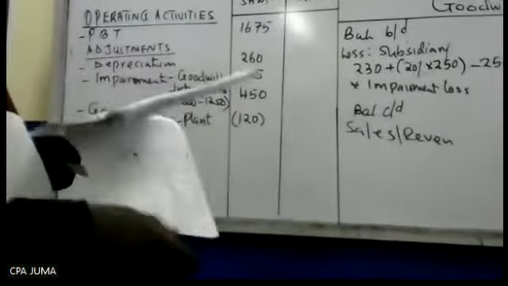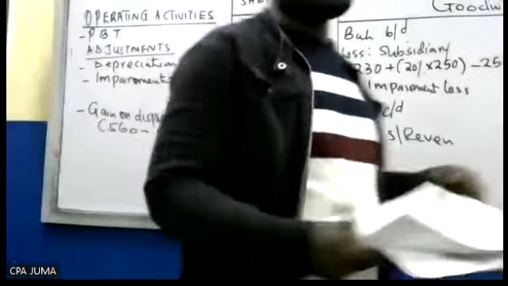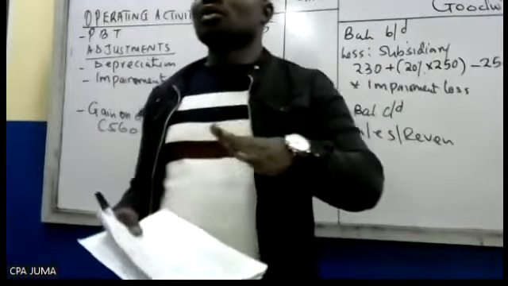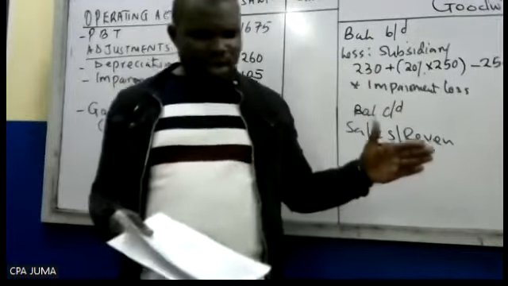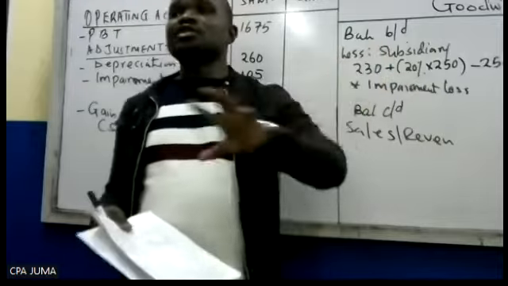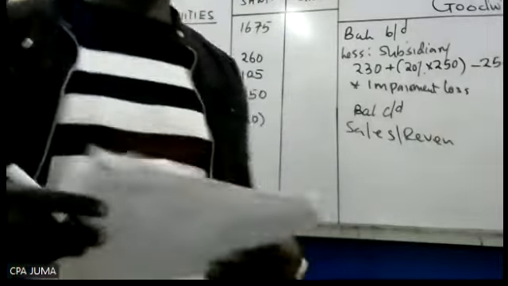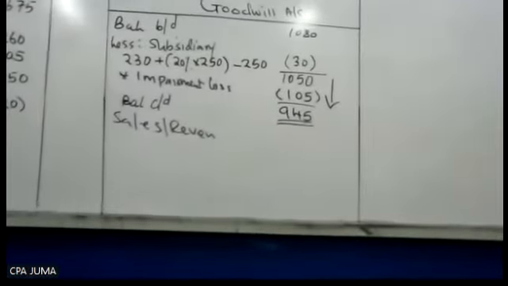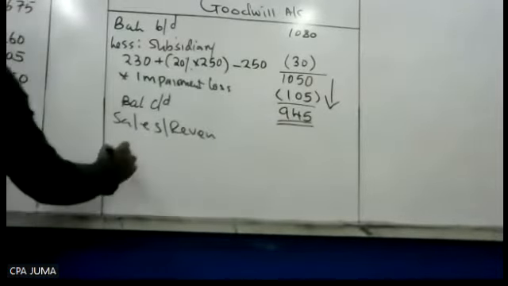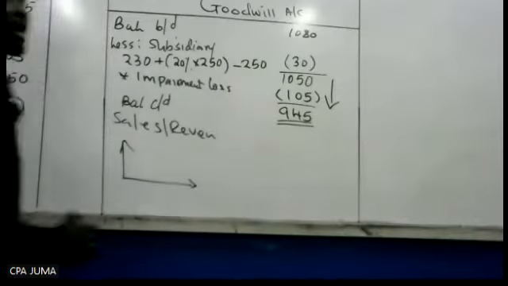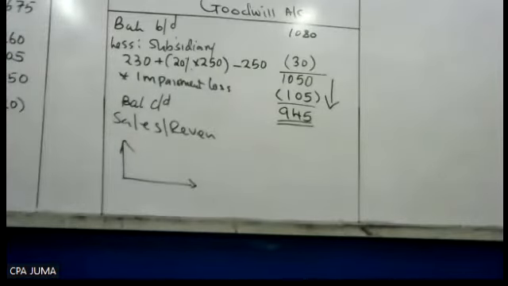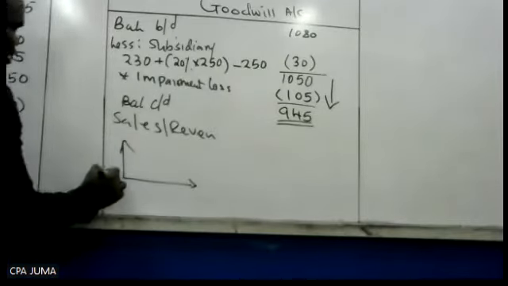So once you are done with depreciation, impairment, gain or loss on disposal of assets, go back to the P&L in the question. In the P&L, I want you to check where we had PBT.